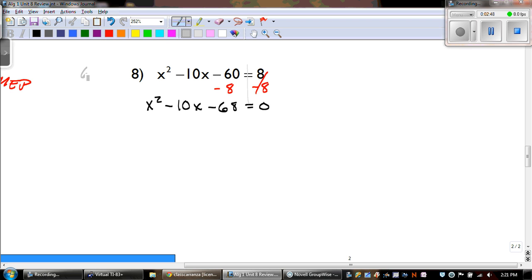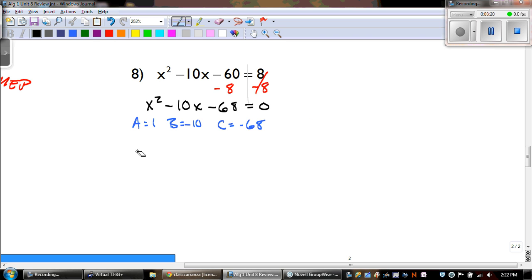You'd be looking for the factors of 68 that multiply to negative 68 and add to negative 10. And bad news. Nothing works. Okay? So we're going to get rid of that. And the only way to solve this now is to use the quadratic formula. So a equals 1, b equals negative 10, and c equals negative 68.